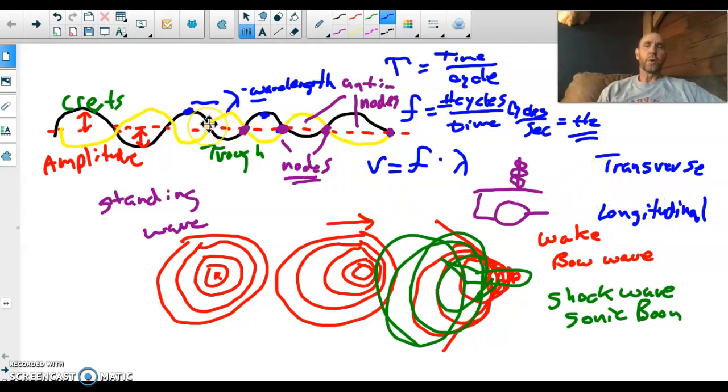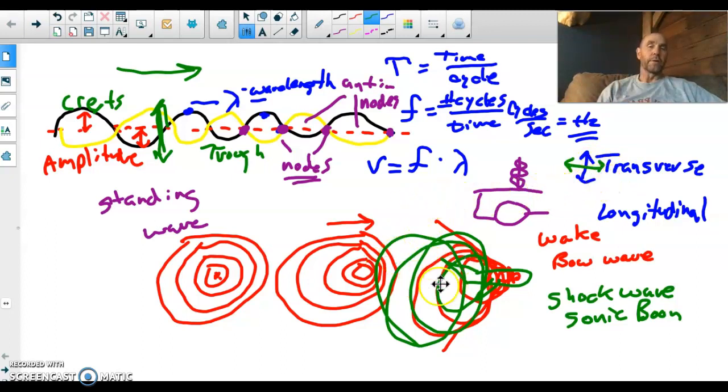A transverse wave would be like this rope vibrating up and down, but the energy of the wave travels like this, right? So this energy traveled like so, but the string or the spring or whatever just vibrated up and down. When they're perpendicular to each other, that's called a transverse wave.